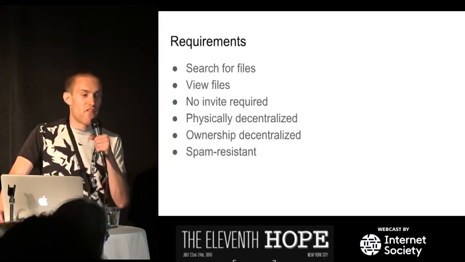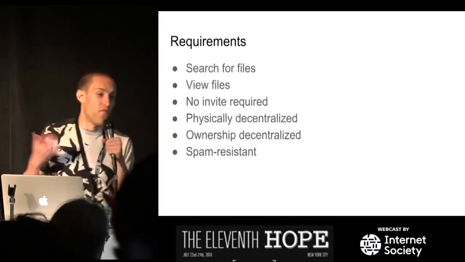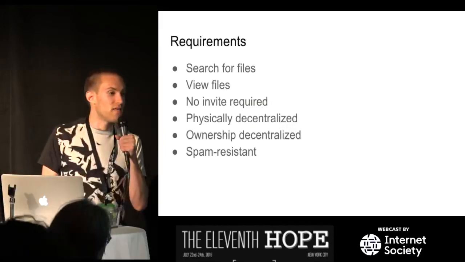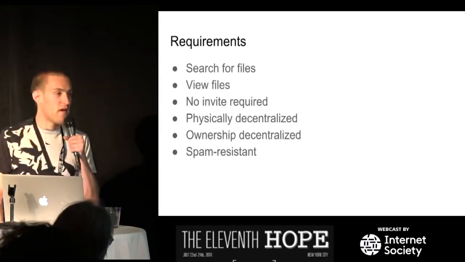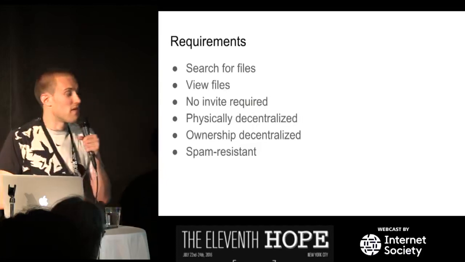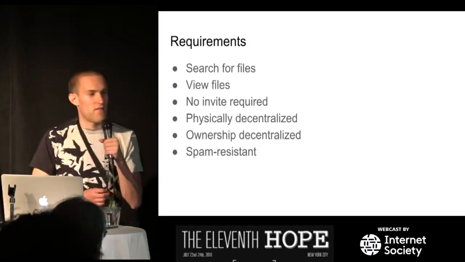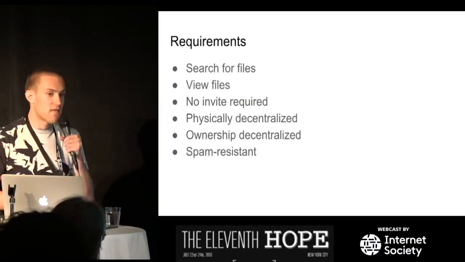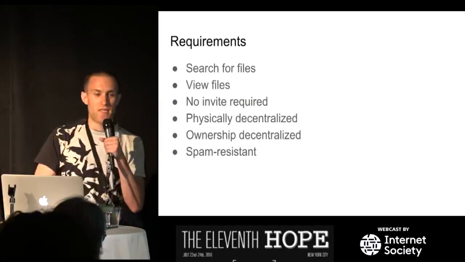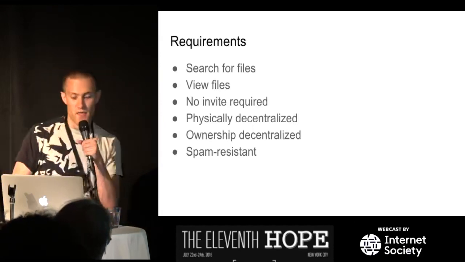Anybody can sign up for an identity, and there's no way for me to prevent people from signing up for identities. And even if you can take out one identity, the network keeps on working pretty well. And finally, Exandria is spam resistant because you need to pay money to sign up for an identity. So spamming the network is too expensive.